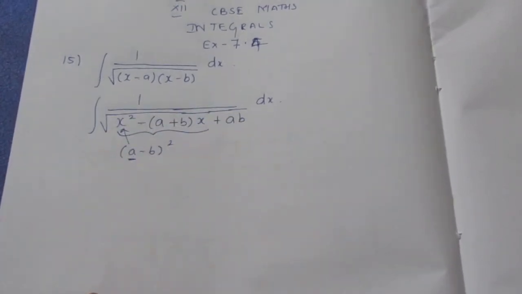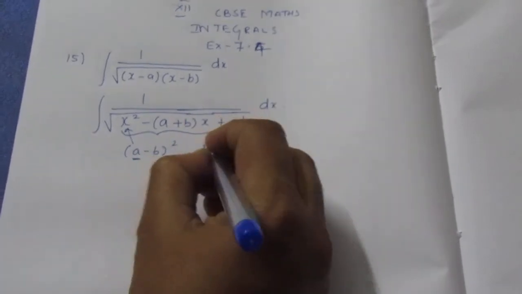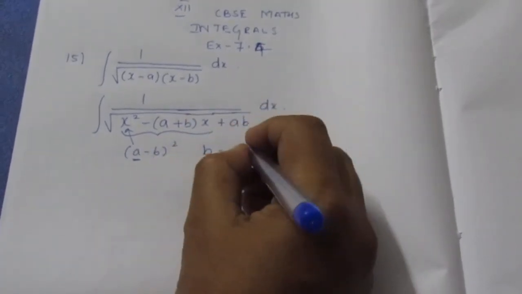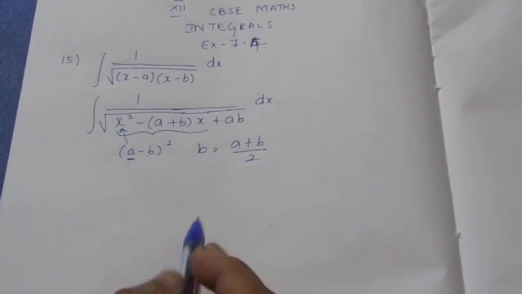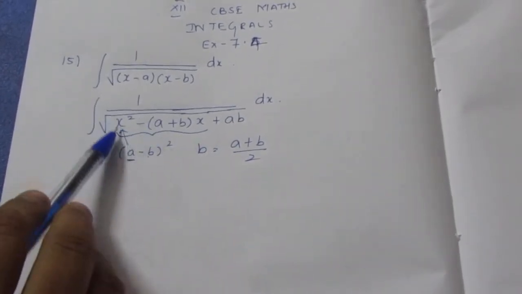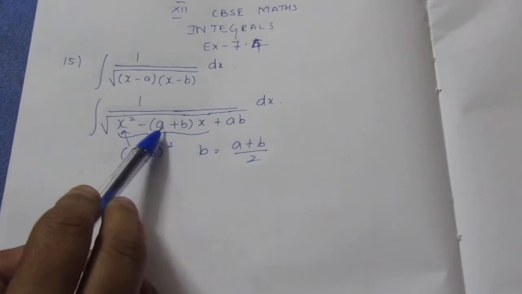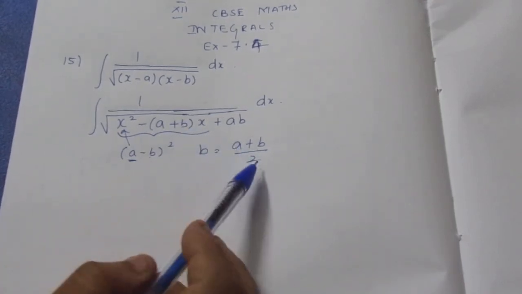Your a will be your x and your b is the x coefficient divided by 2.